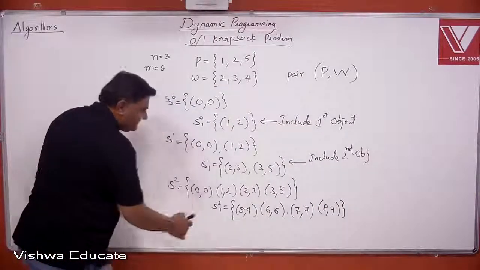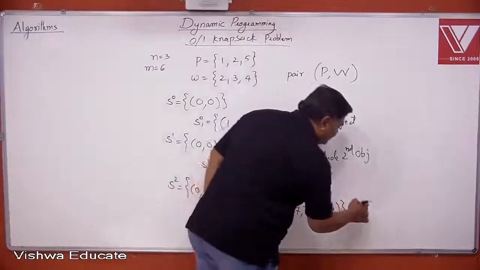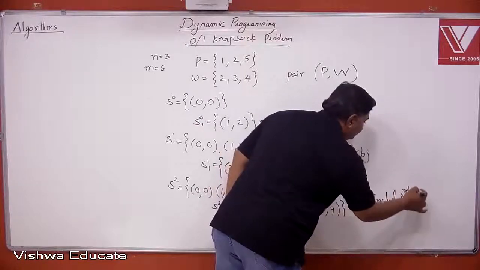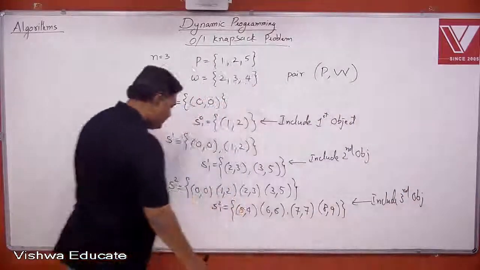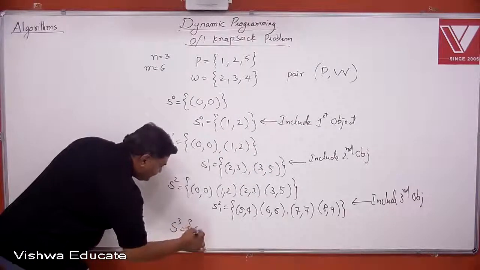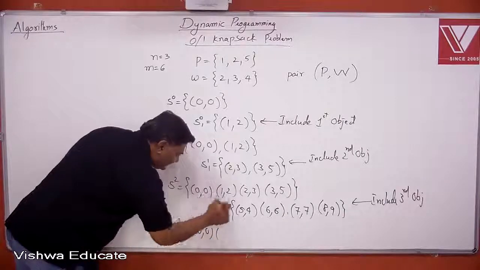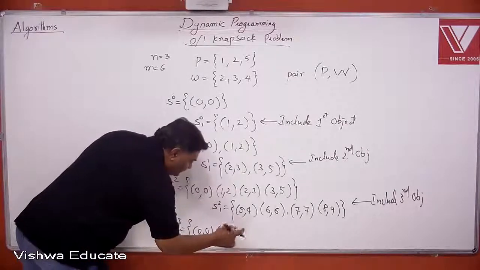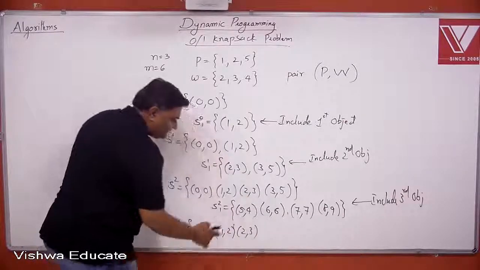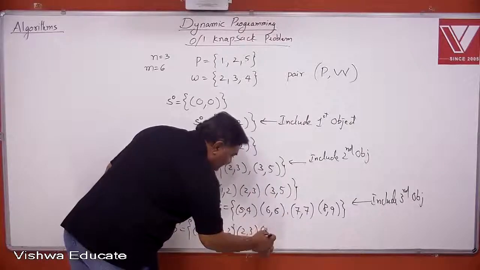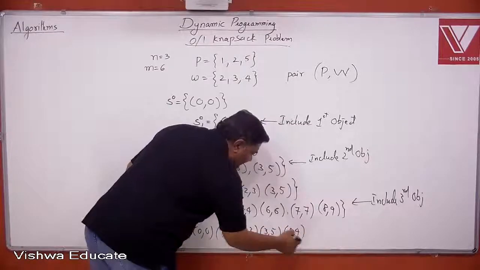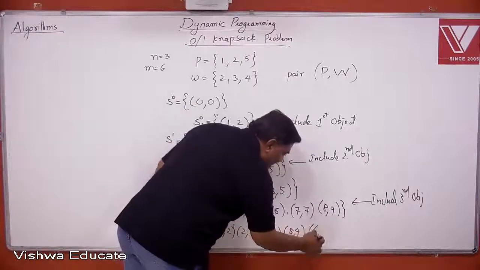Then we will merge these two. What we have done here is include the third object. When I combine these, I get set 3. So the result is 0, 0, 1, 2, 2, 3, then 3, 5, then 5, 4, then 6, 6.